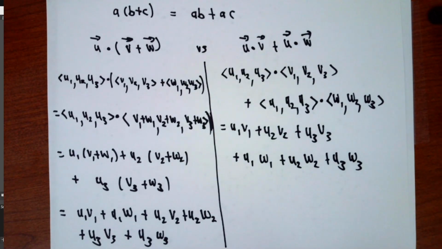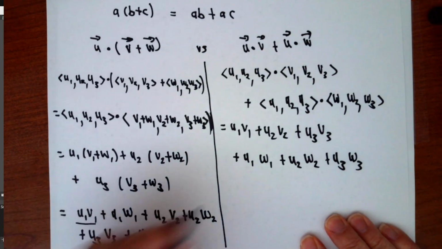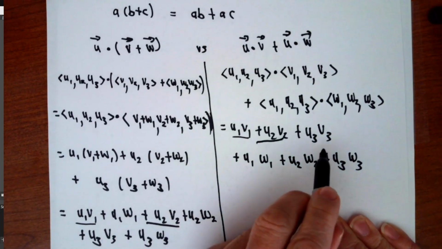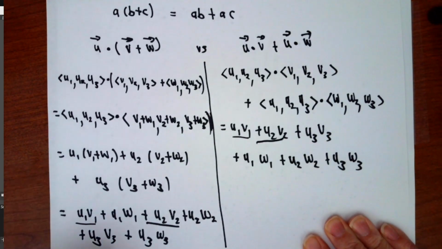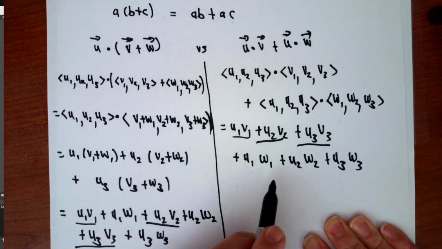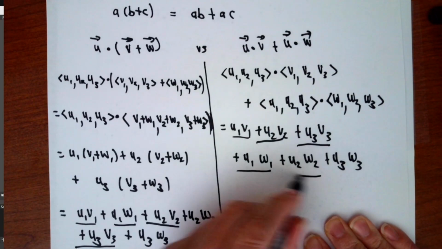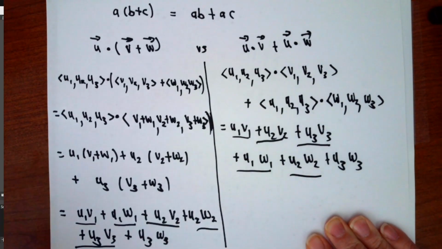If you look at what happened on the left versus what happened on the right, that term appears in both places. u2v2 appears in both places. u3v3 appears in both places. u1w1 appears in both places. u2w2 and lastly, u3w3.